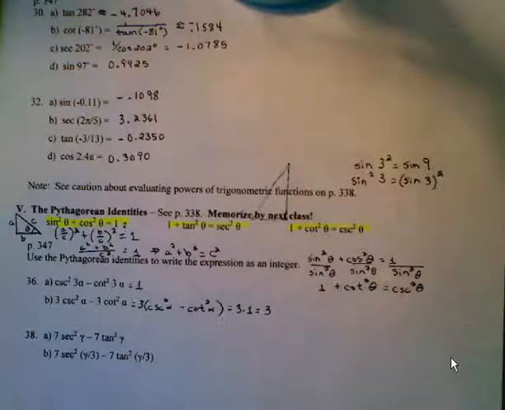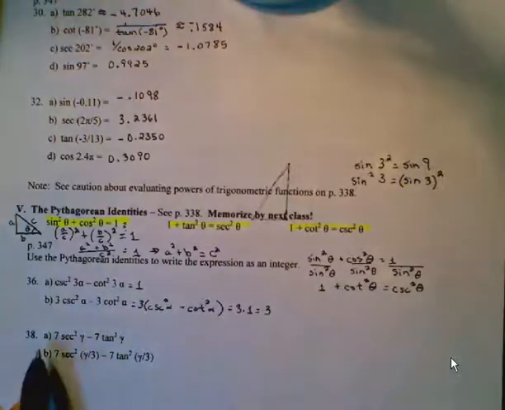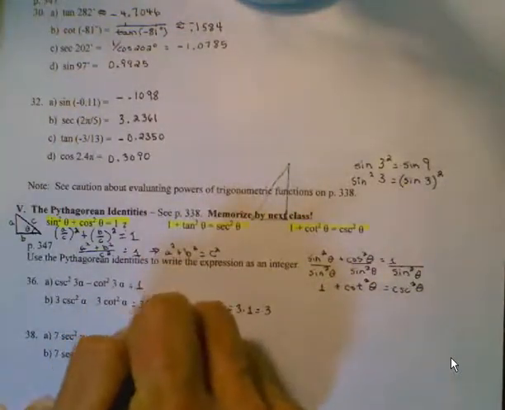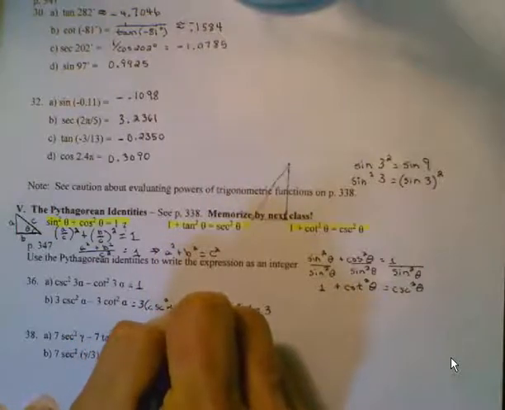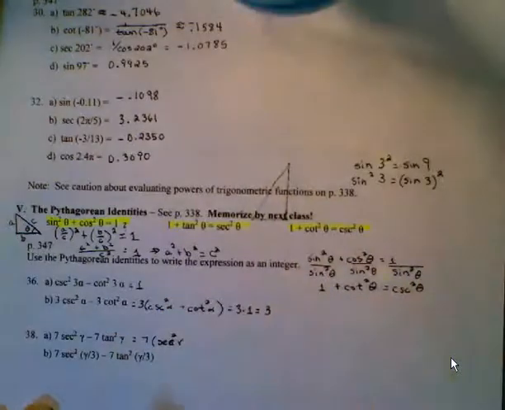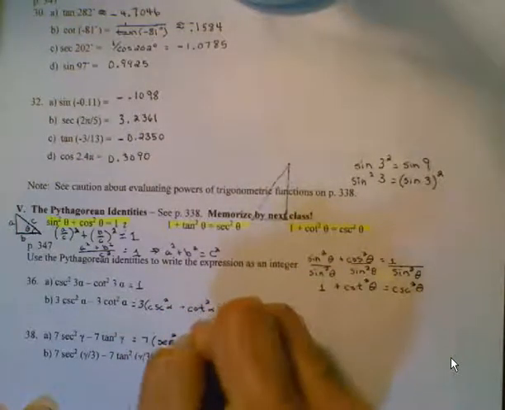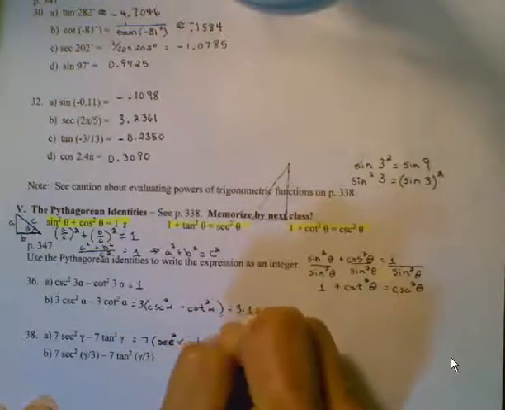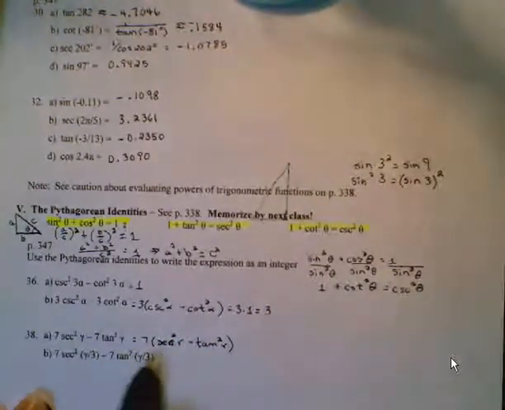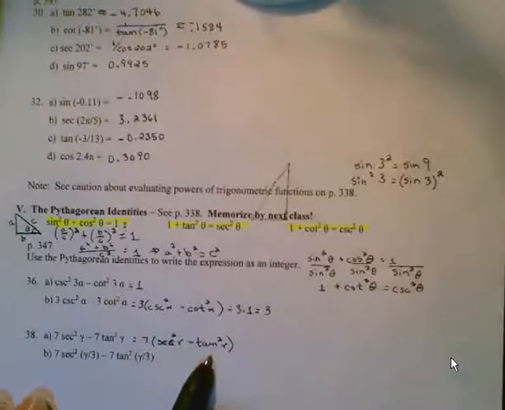38 is basically the same thing. In the A part, you can factor a 7 out of both of those coefficients. And that symbol is gamma. If you factor a 7 out of both terms, you have secant squared minus tangent squared.